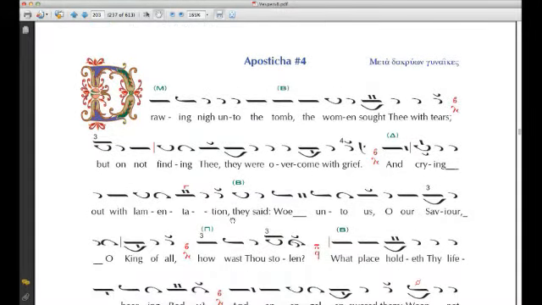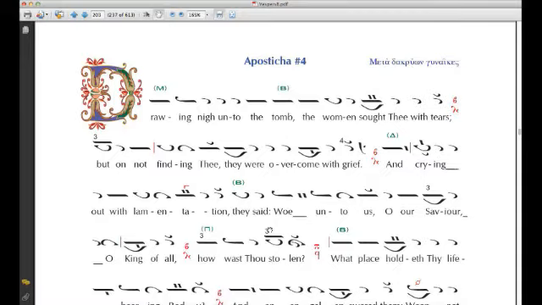Apostica number 4, Drawing nigh unto the tomb. Legatos. Drawing nigh unto the tomb. Because we pass by pa very quickly, pa gets sharp.